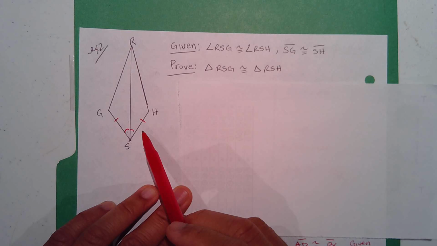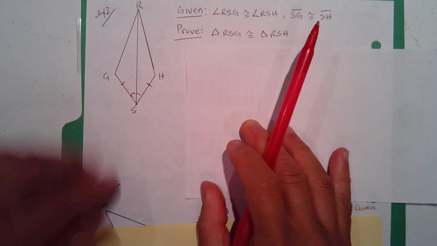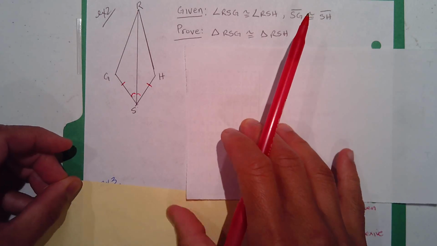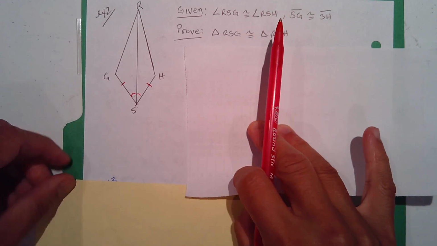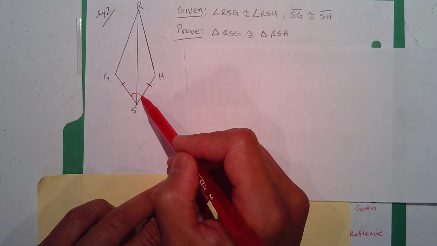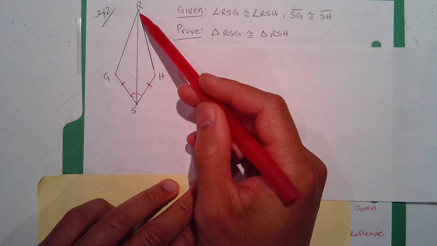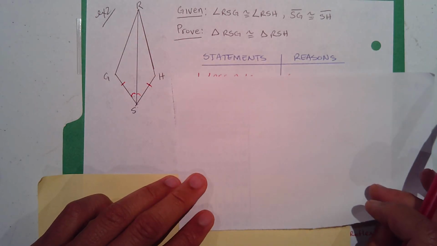Now, again, instead of naming all six parts of each triangle as congruent to each other, we just have to use either SSS or SAS. We're going to use SAS because we have a side and angle. Also, I know that RS is equal to itself.